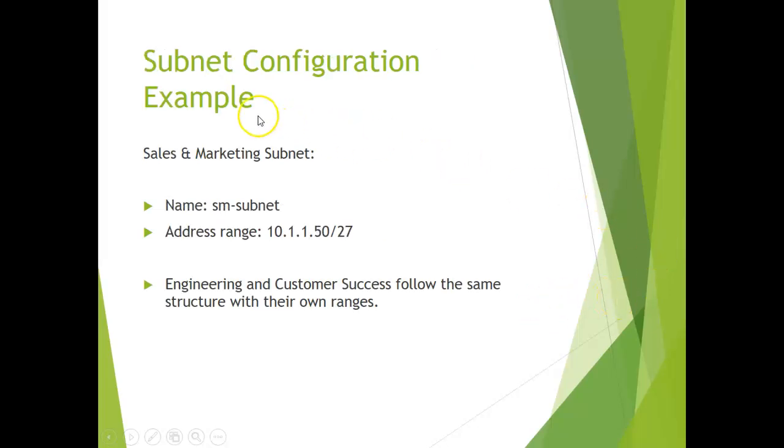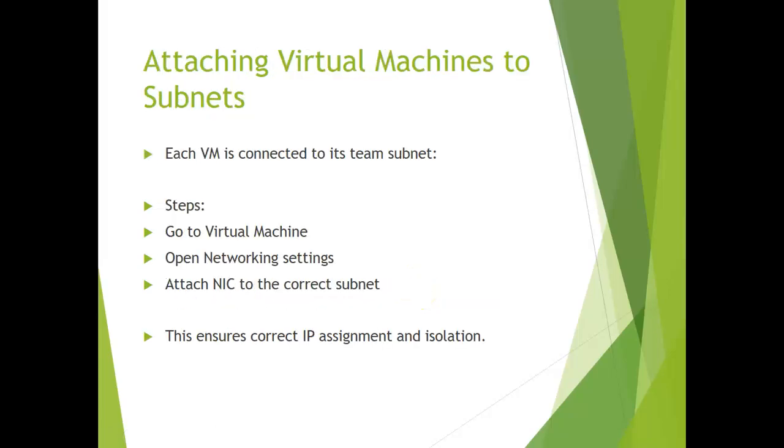So we can see here the configuration of the subnets, such as the sales and marketing, where we give the name as SM subnet, and this is /27. The engineering and customer success follow the same structure with their own ranges.